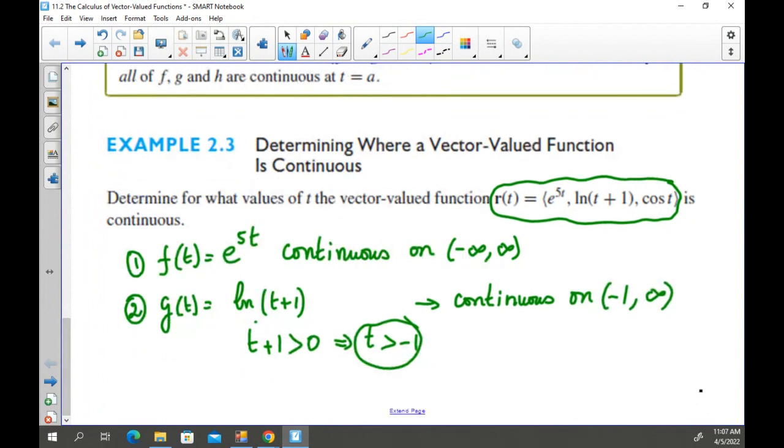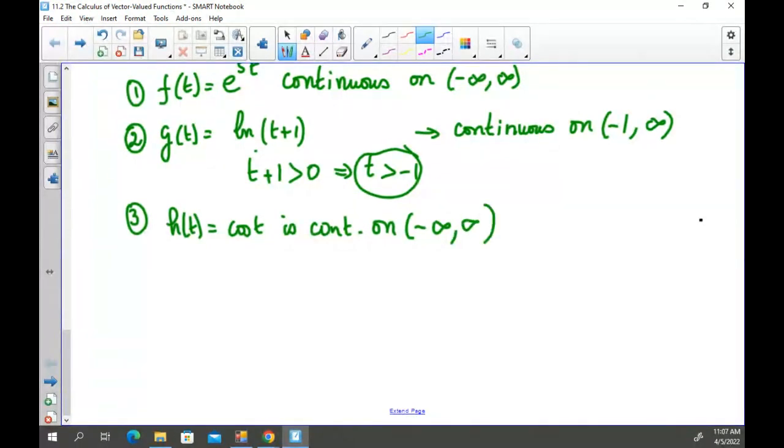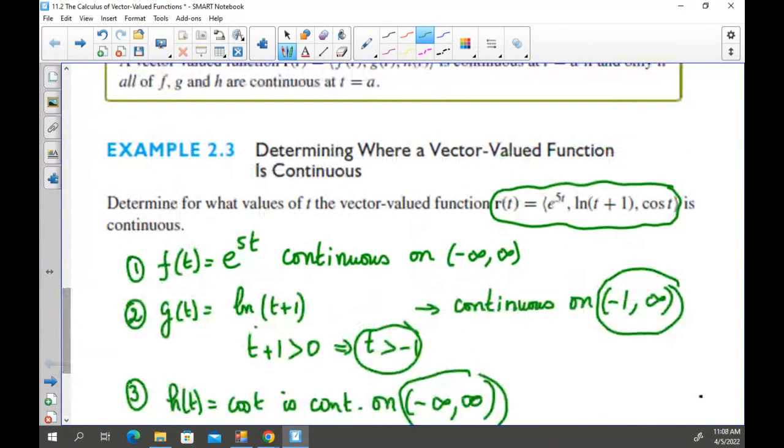And the third function, of course, the cosine function, is continuous everywhere. You know, this graph is like this. So it's continuous on the whole set of real numbers from minus infinity to infinity. So in the end, what can we say about R then? Where is it continuous?